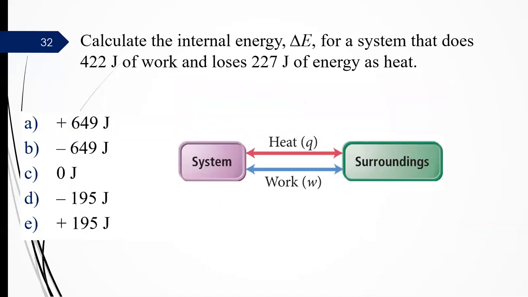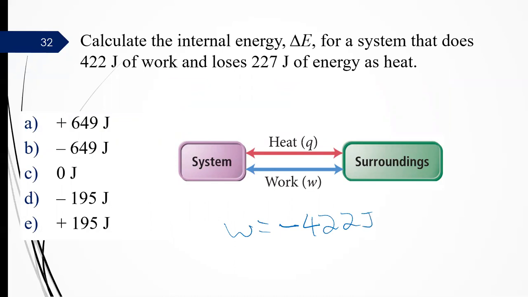So let's look at how much the internal energy changes for a system that does 422 joules of work and loses 227 joules of energy as heat. It does 422 joules of work, so that work value is negative 422 joules.